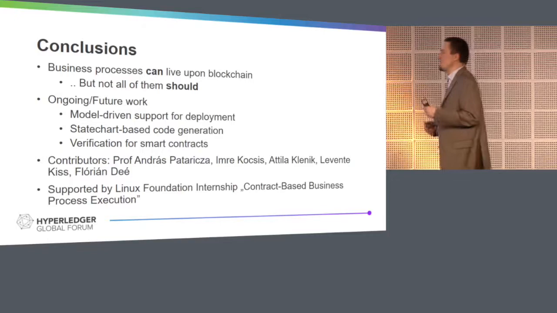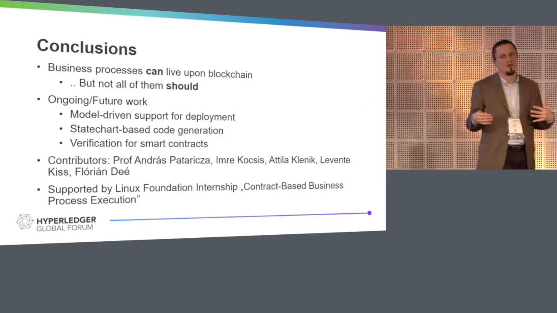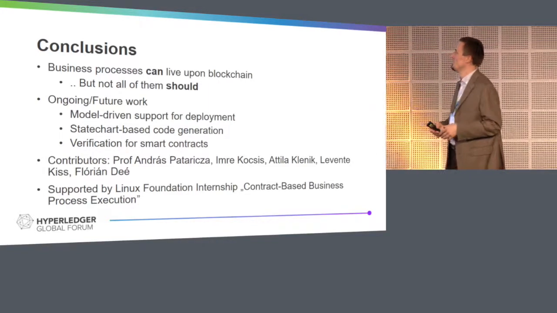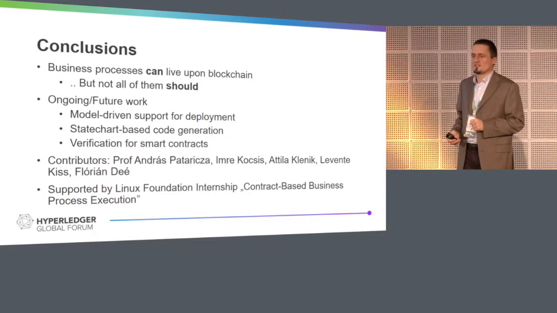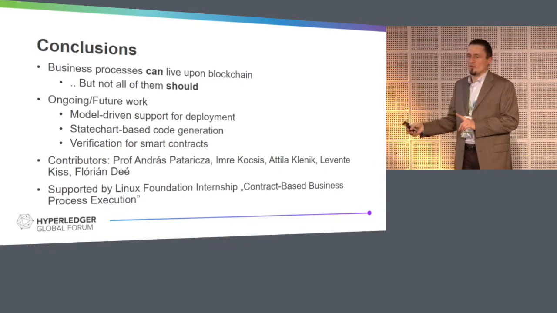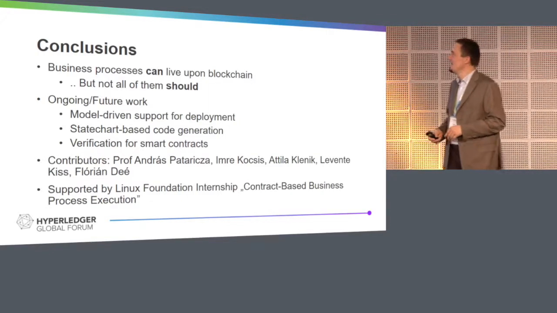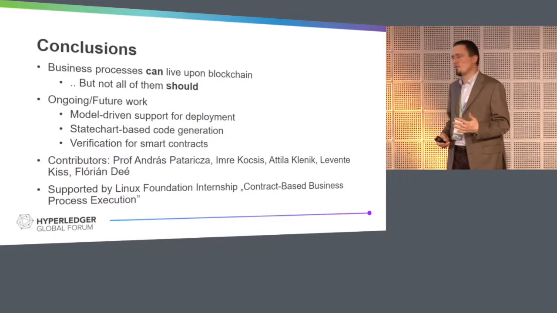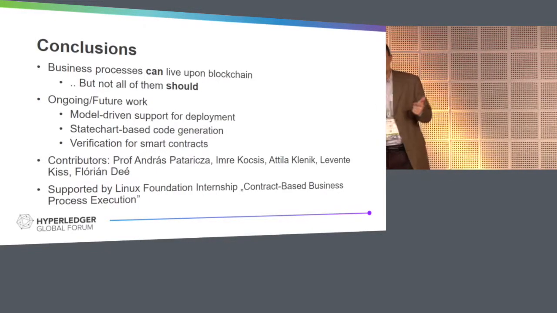The ones which really are expressing collaborations, when there are multiple parties which together should achieve something, or which contain a critical step, for instance, in the case of critical system certification, where a step should be verifiable after years by different parties, by authorities or regulators, then these might be ported over blockchain, and this can be done in an automated way if we consider the data model, the business logic, and the access layer.